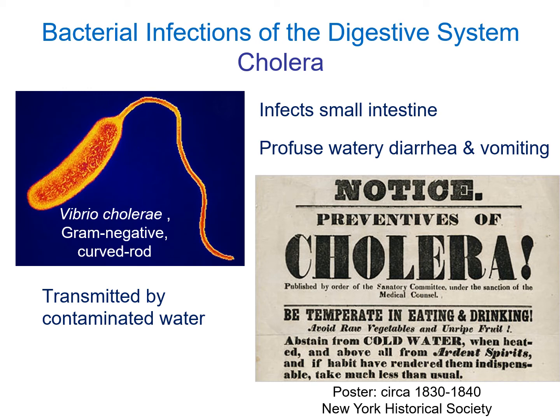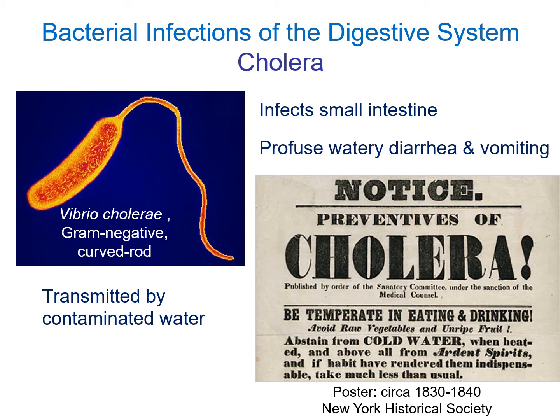The cholera bacteria produces an AB enterotoxin. I talked about those in the last topic. And what this does is it interferes with the movement of sodium and chloride and some other ions across the cell membrane of the epithelial cells that line the small intestine. Basically, it prevents sodium from being taken up from the lumen of the intestine into the cells, and it causes the cells to dump chloride into the lumen of the intestine.